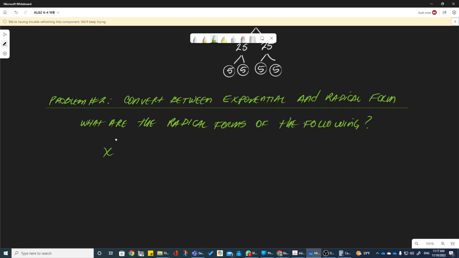X to the power of 3 over 7. Okay. Remember what I told you before, that the top number is going to be the exponent of the radicand. And the bottom number is going to be the index of the radical expression.